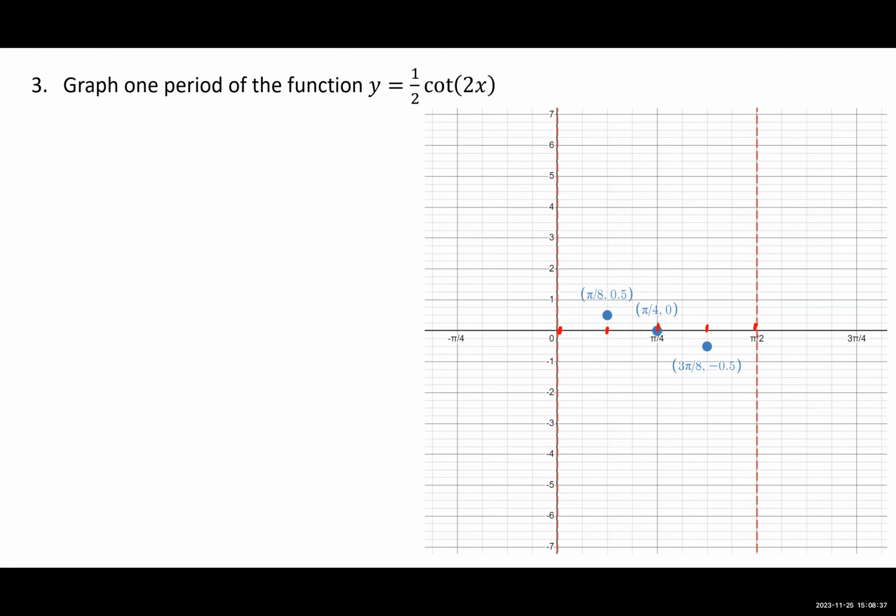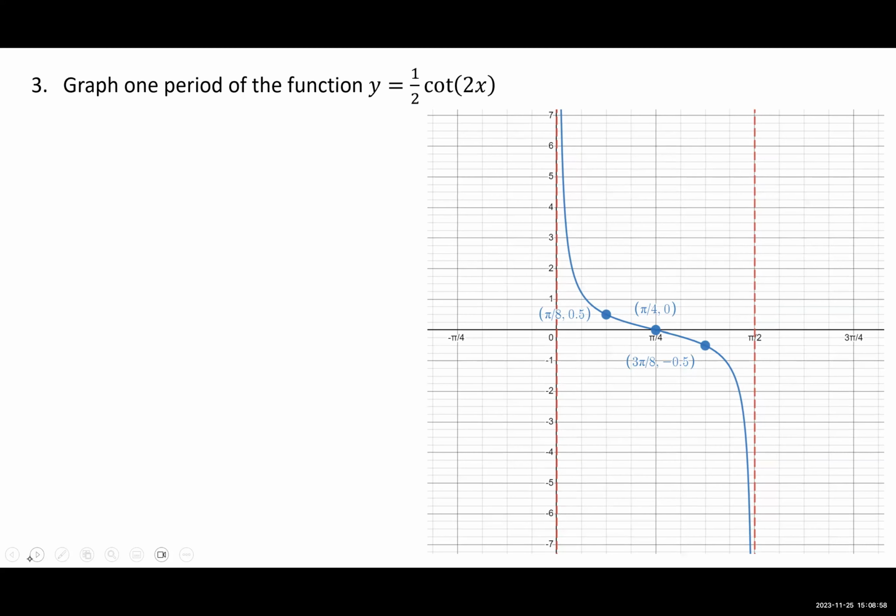We plot the 2 asymptotes. Then we plot the 3 points. And then we draw the graph. And that should do it for the graph of 1/2 times the cotangent of 2x.